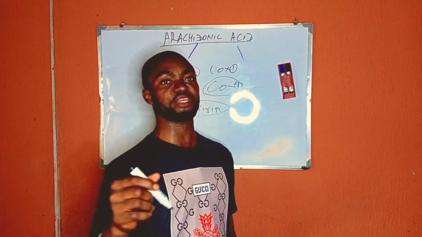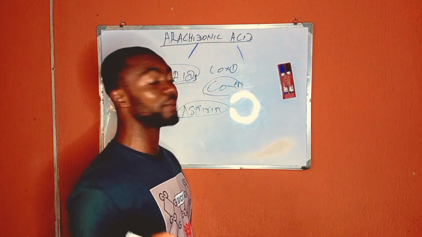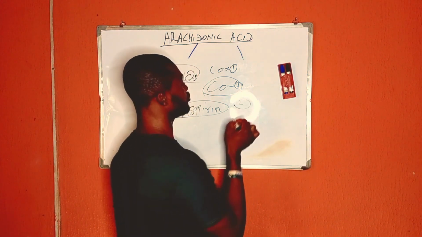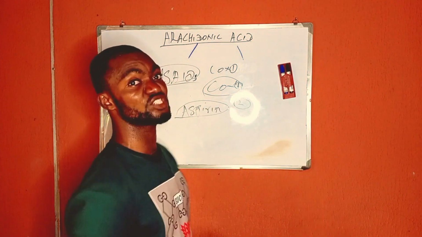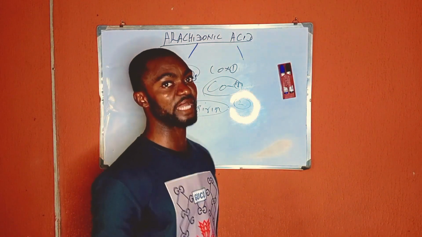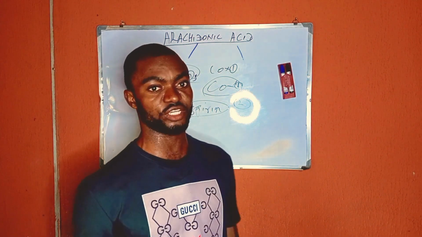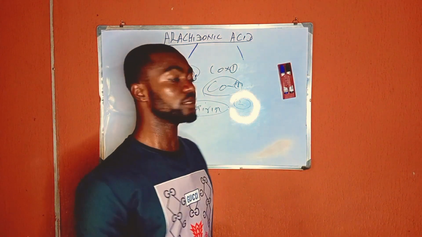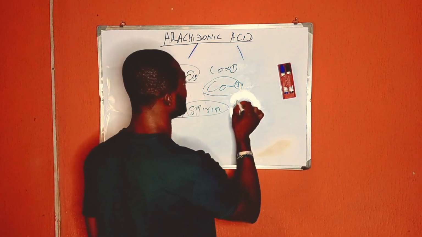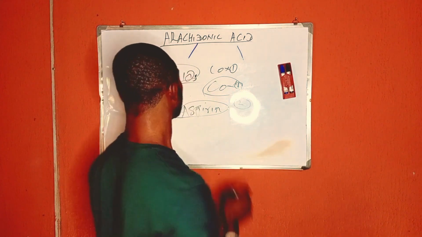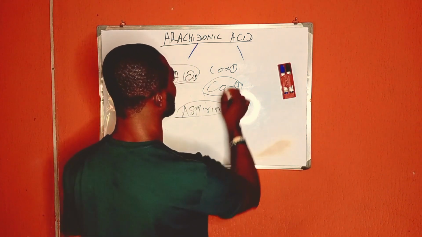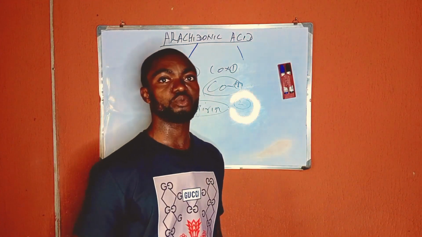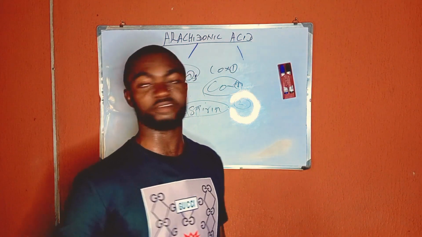Whereas what's supposed to be inhibited at that particular moment is the COX-2, which was activated due to the injury sustained, due to the arousal of the nociceptor. So it's supposed to inhibit the COX-2, but this time it inhibits both COX-1 and COX-2, which is not ideal or advisable.